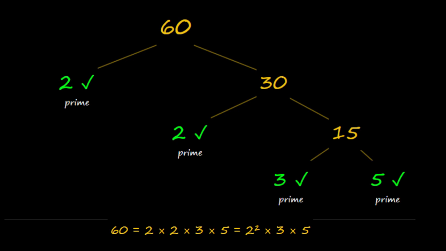No matter how you start breaking 60 apart, you always end up with those exact same prime pieces. The recipe is always unique. This is why primes are called the atoms of arithmetic. And this is also why we exclude 1 from being prime. If 1 were prime, the factorization would never be unique.